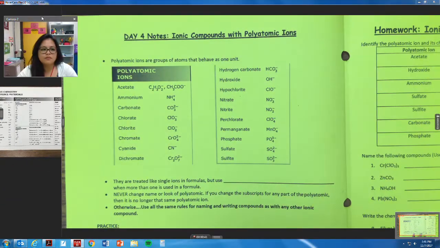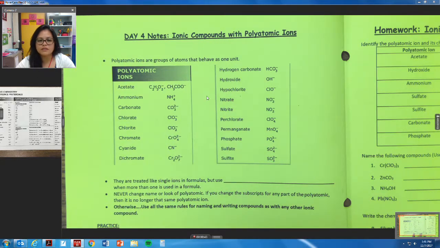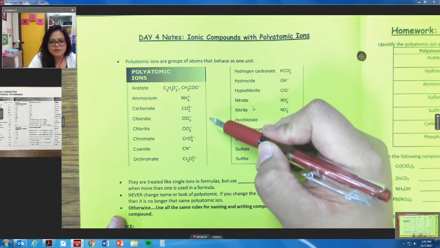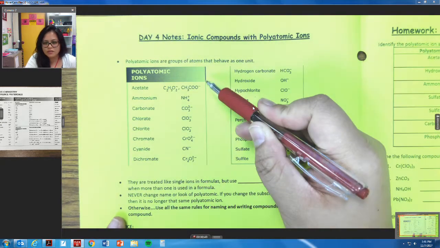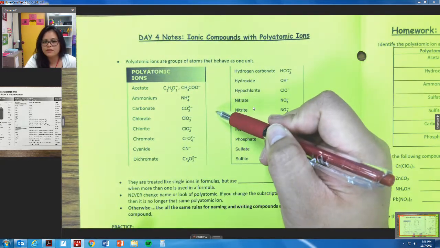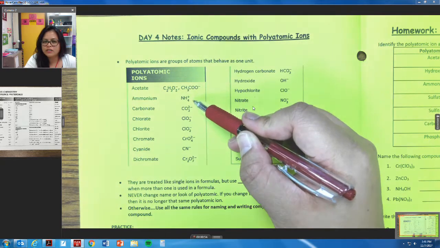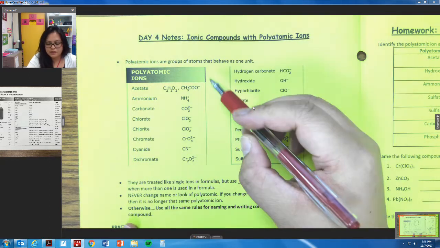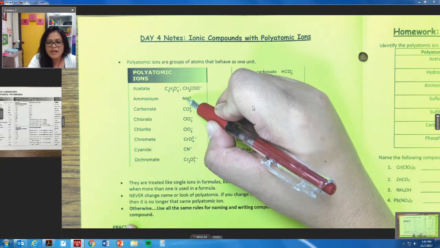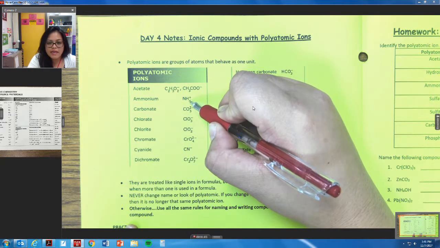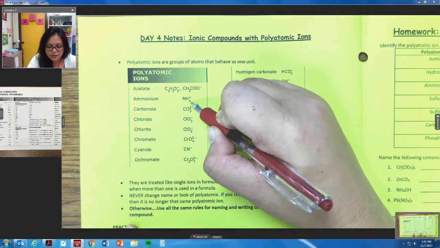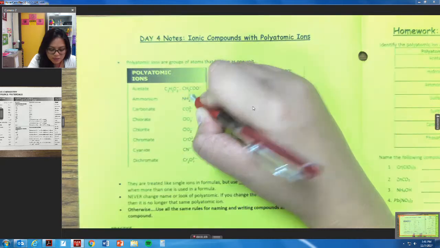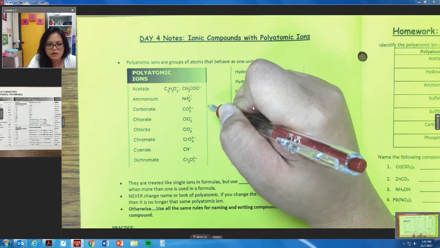Okay, so back to our notes. These are your polyatomic ions. I've had a lot of students today get confused about which is part of your polyatomic ion. If you have NH4, then NH4 is your polyatomic ion. This plus at the top is going to be your charge.